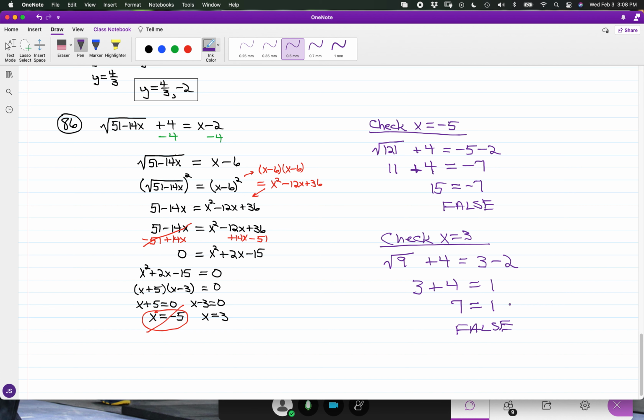So had it not been for the limitation with the principal square root rule, I would have had two solutions. But because of the principal square root rule and that an even root expression cannot reduce to a negative constant, it turns out that we have, instead of two solutions or one solution, we end up with no solution in the result.